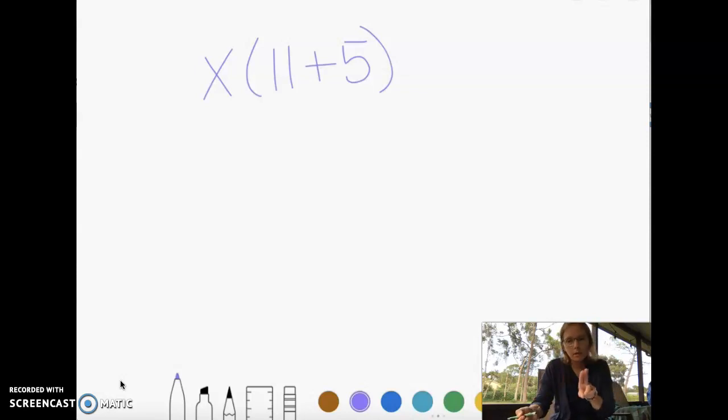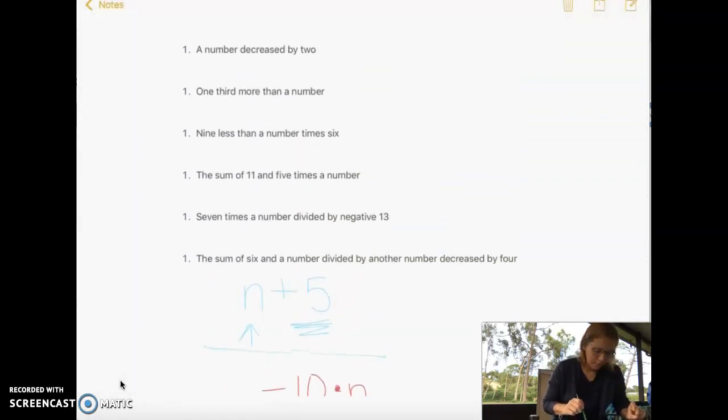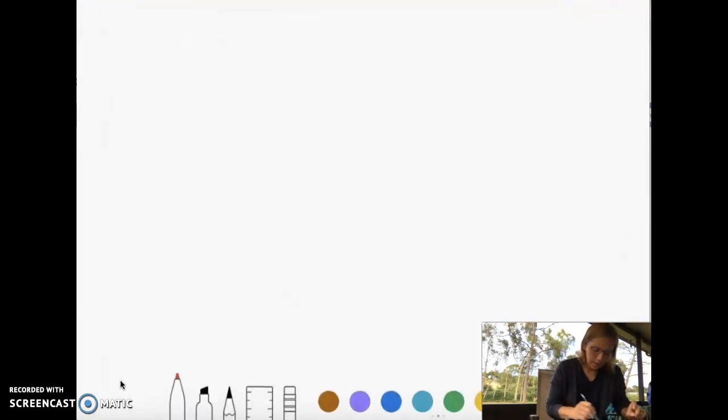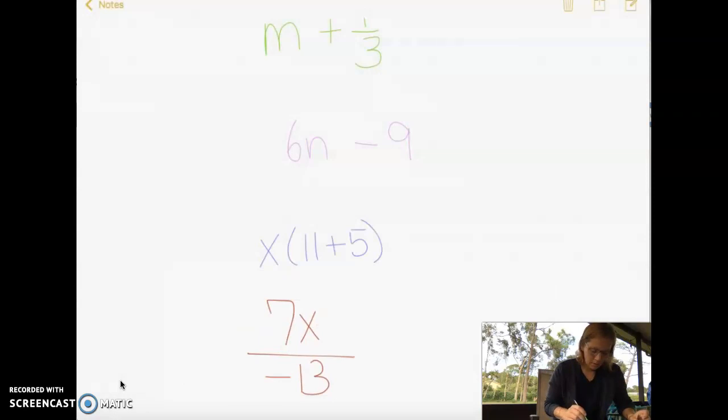Since it's times, I can just write it right next to it, and it means multiply. Seven times a number divided by -13. There we go. That was an easy one.